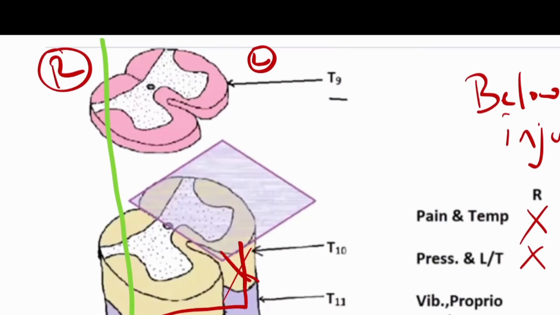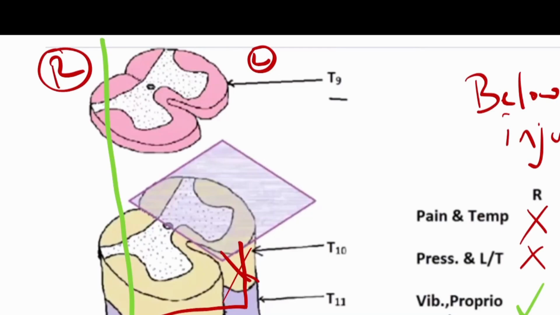Will the right leg have any problems with vibration, proprioception, or discriminative touch? It's going to be good. Left leg, below the injury. Can that signal get through T10 on the left? Nope. So you lose function on the left side.